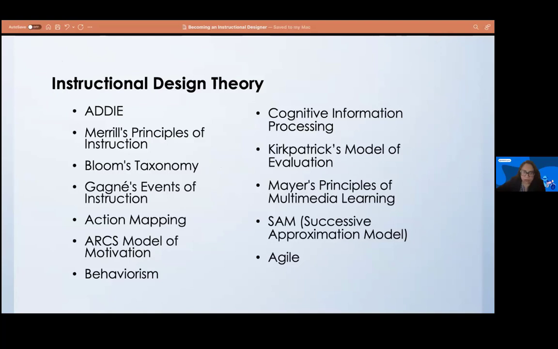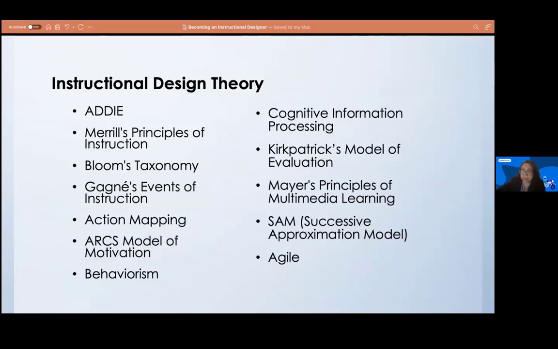Also, we have the Merrill principles of instruction, which has 4 stages: demonstration, activation, application, and integration. And some may add a 5th stage that could be engage. Bloom's taxonomy has 6 main categories, which are knowledge, comprehension, application, analysis, synthesis, and evaluation.